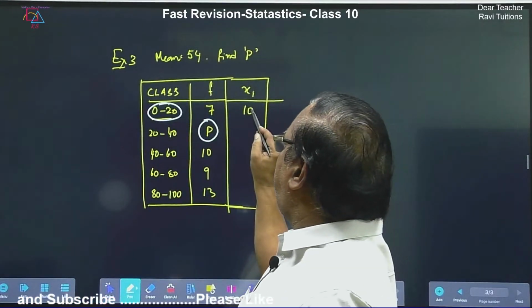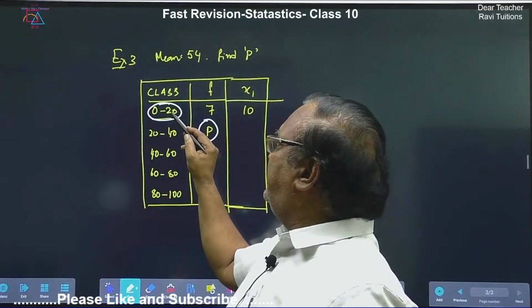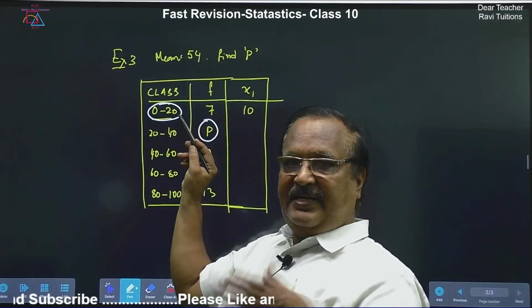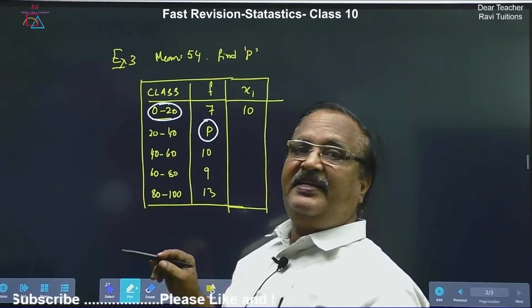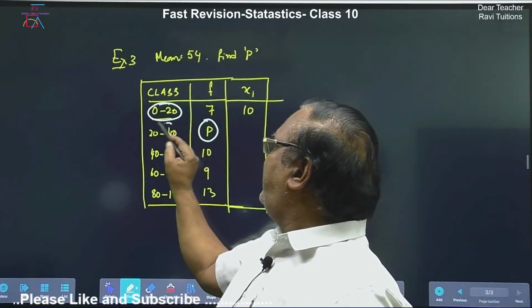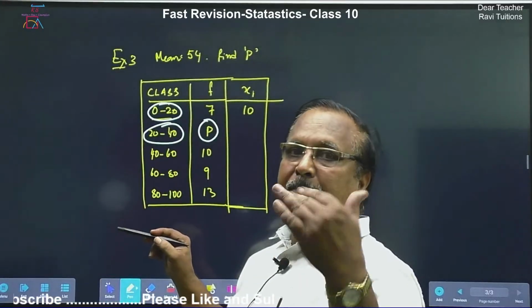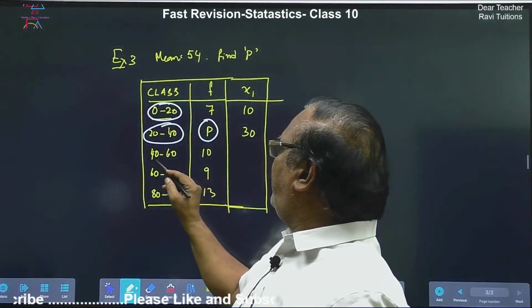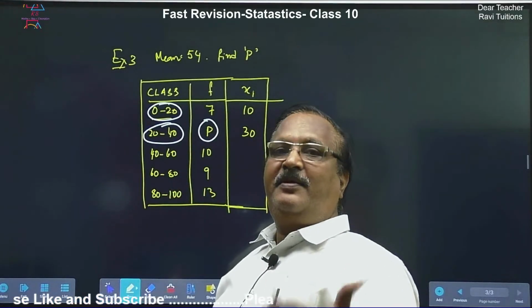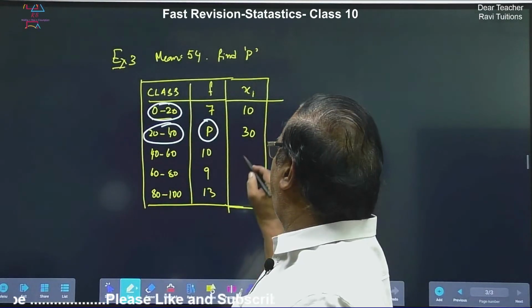Again 20 plus 40, 60, 60 by 2, 30. Again 40 plus 60, 100 by 2, 50.